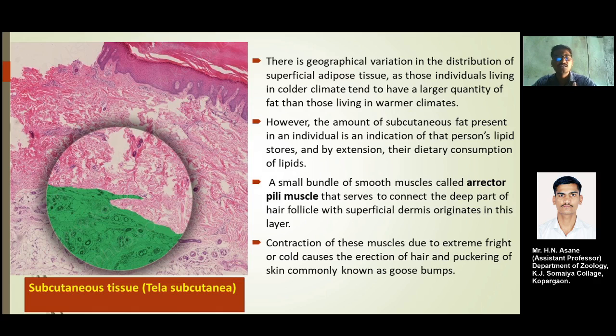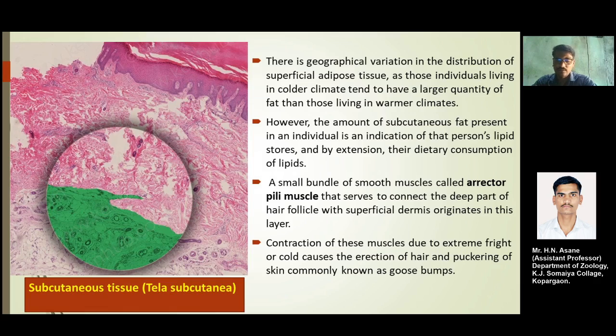Contraction of the muscle occurs due to extreme fright or cold, causing the erection of hair and puckering of the skin, commonly known as goosebumps. You know that with goosebumps, the hair is going to erect, and these erections of the hairs are known as goosebumps.